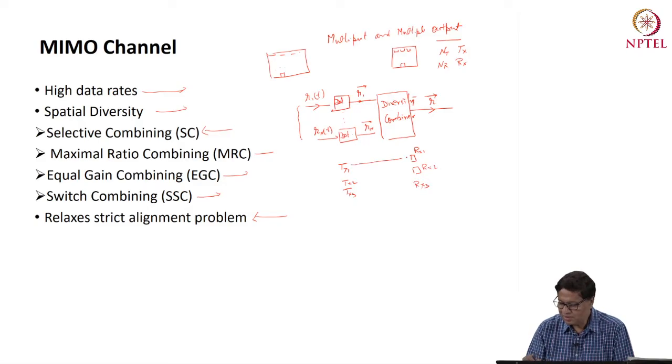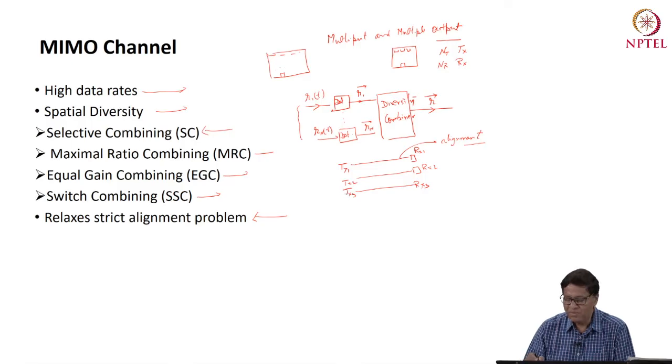Ideally, there has to be a strict line of sight requirement or alignment requirement, but in practice, it doesn't happen that way. There may be a misalignment. The RX might have moved or the TX might have moved. So there is some degree of misalignment between the transmitter and the receiver. So once you have many channels, your system can actually learn what your channel matrix is.